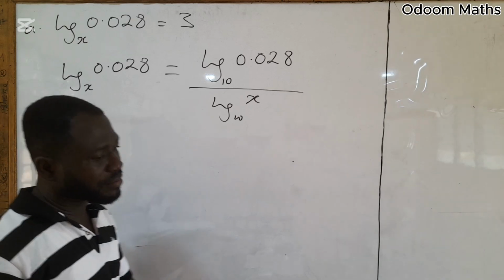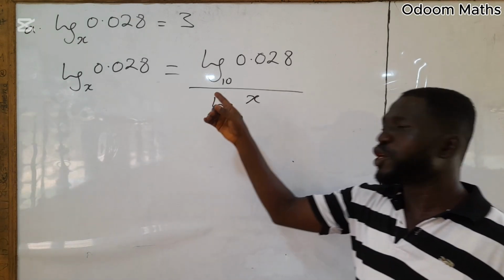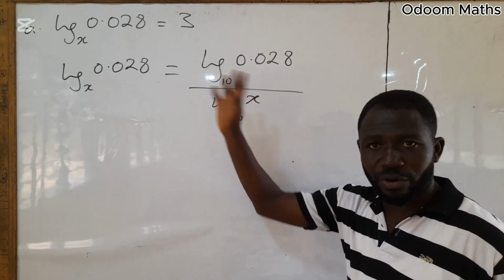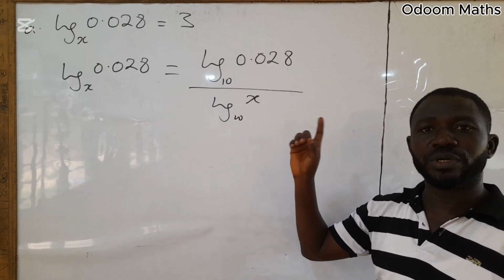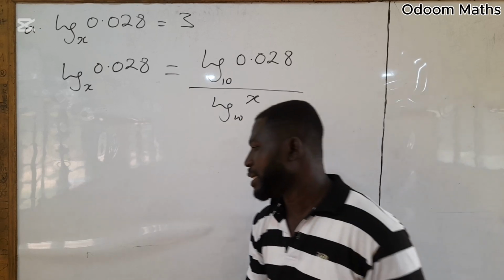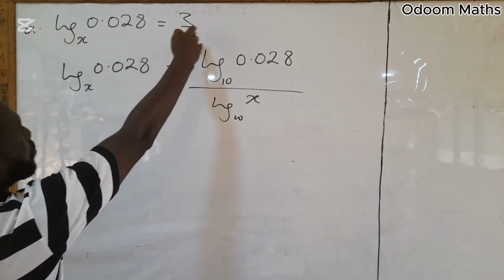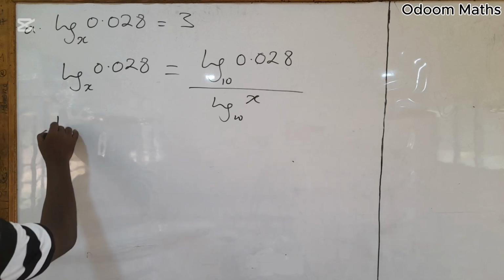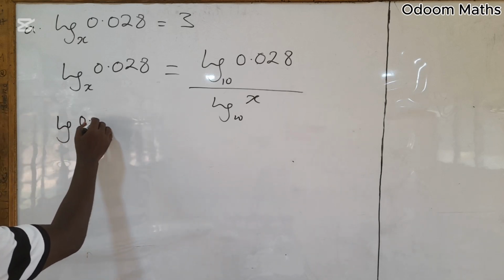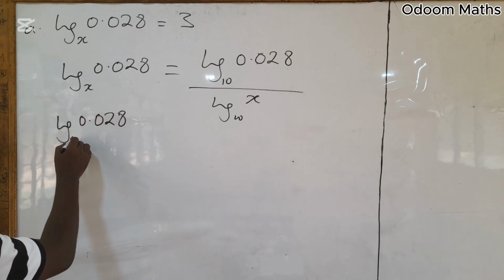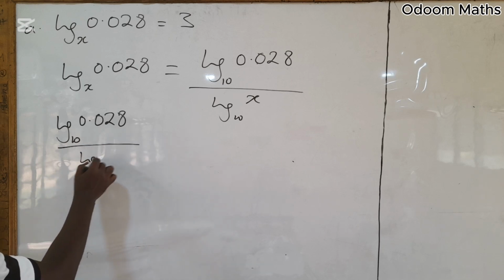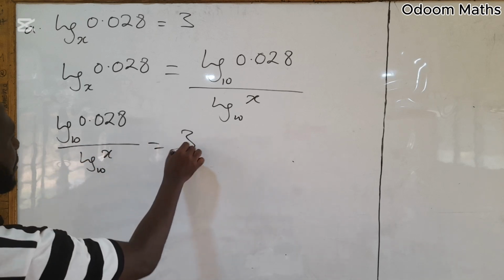That is, I have introduced a new base of 10, and this is correct, from where we started from, change of base. Now we can substitute this into this side and then equate this, and then we continue. So log 0.028 base 10 over log x base 10 is equal to 3.